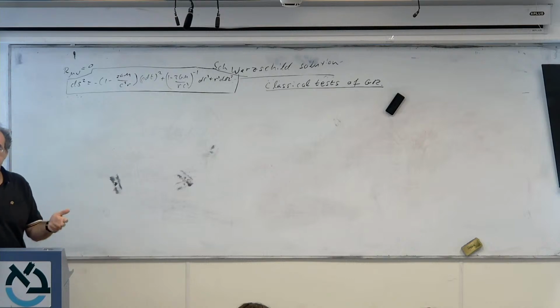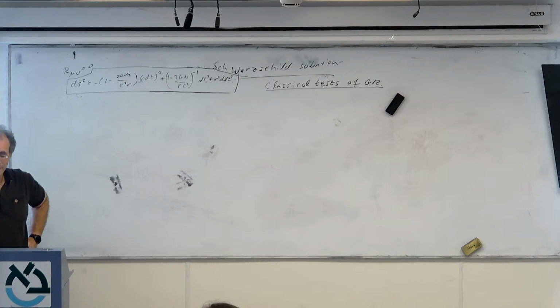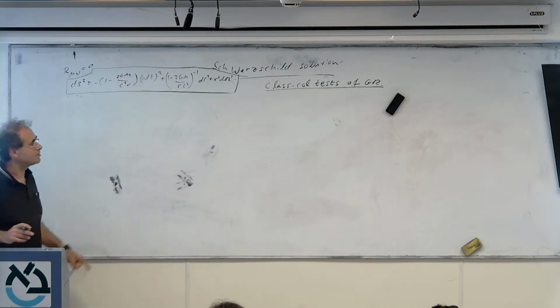Before I tell you, I'm throwing the question to you. How would you test general relativity? We saw the Eddington experiment. What is the Eddington experiment? Deflection of light. Right.